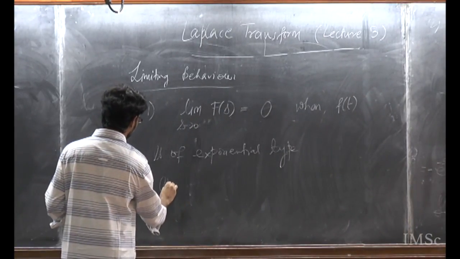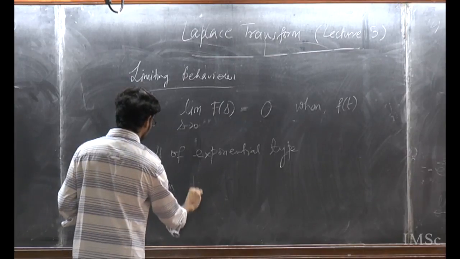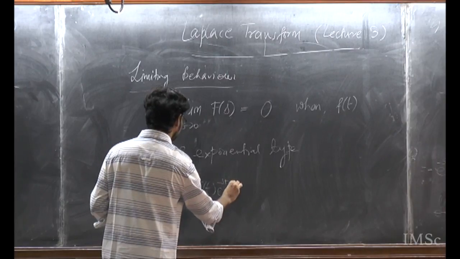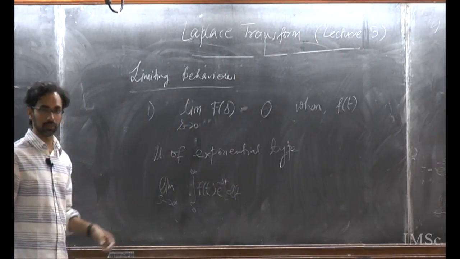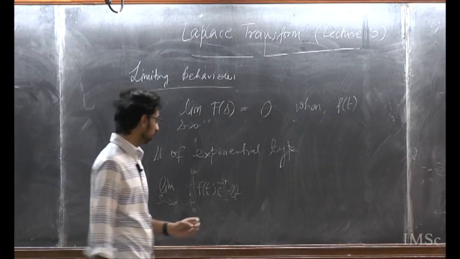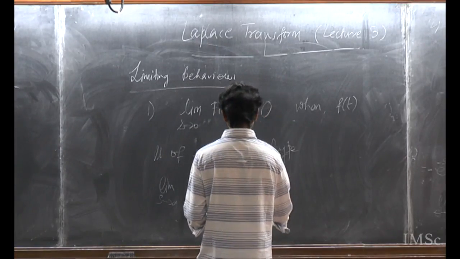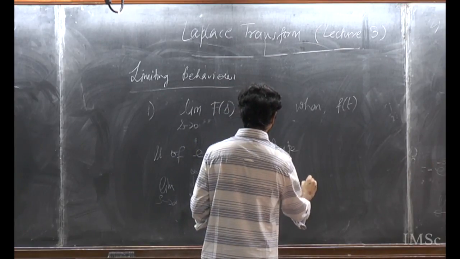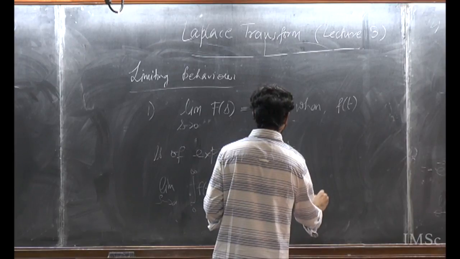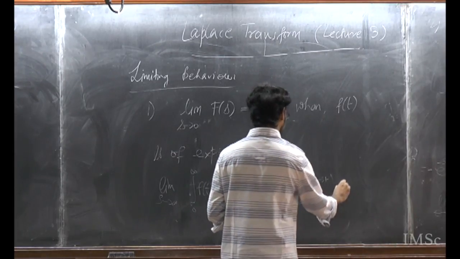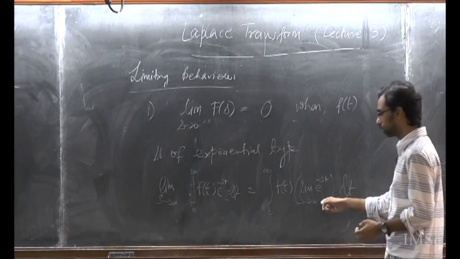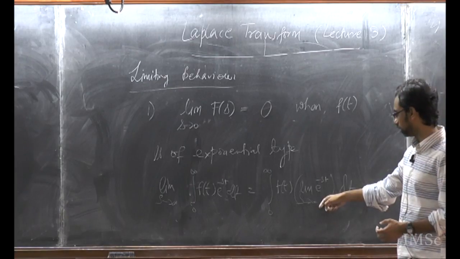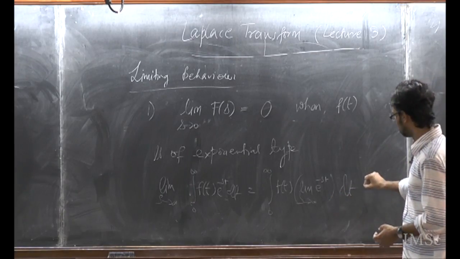You write the limit as s tends to infinity of the integral from 0 to infinity of f(t) e to the minus st dt. When f(t) is of exponential type, you can swap the limit and the integration. So you will get the integral from 0 to infinity of f(t) times the limit as s tends to infinity of e to the minus st dt. What is this? For t positive, what is this limit? It's just 0, right? So you get 0.